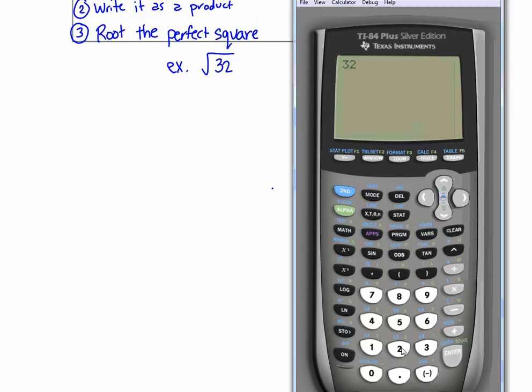If we look at our chart, our table, 36 is larger. Will 25 just logically go into 32? No. So 16, will 16 go into 32? Going backwards up the chart. Will 16 go into 32? So we check how many times? Twice. 4 would also go into 32, but we want the largest perfect square.